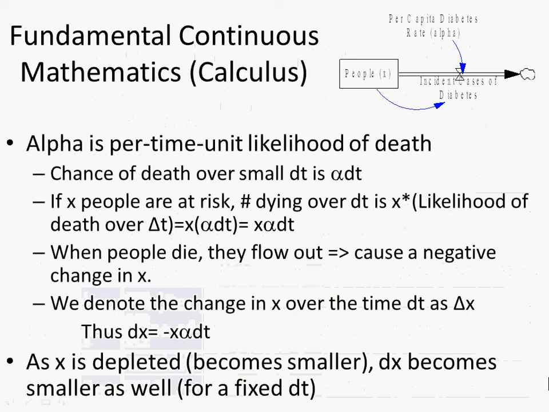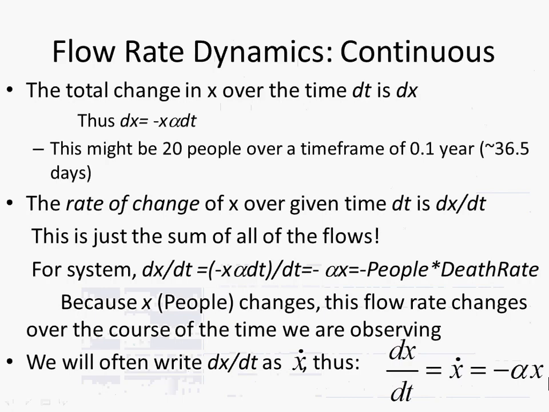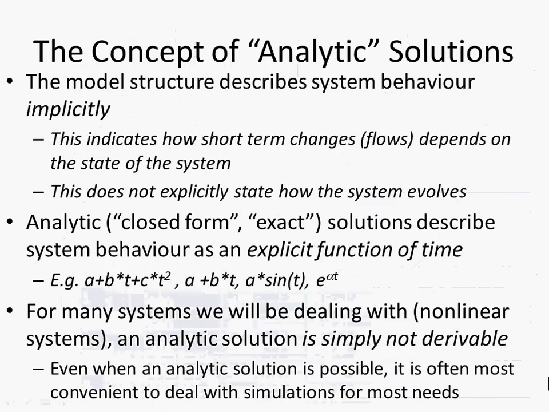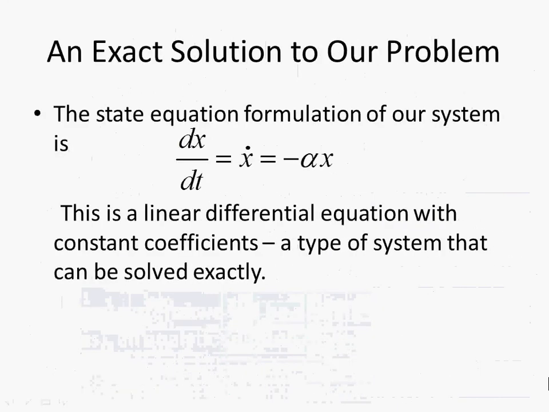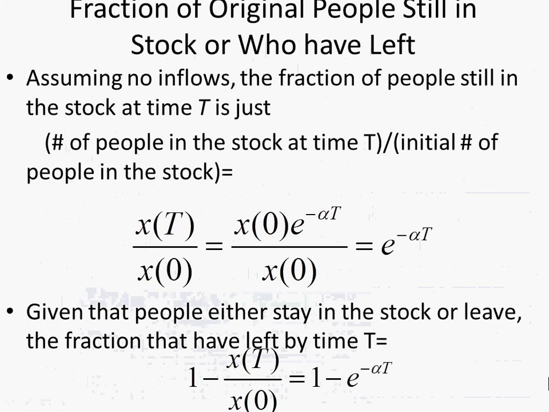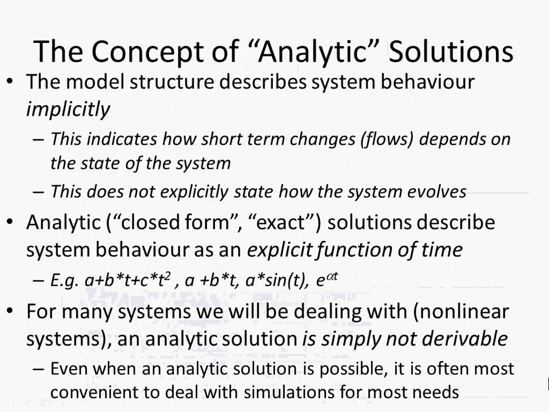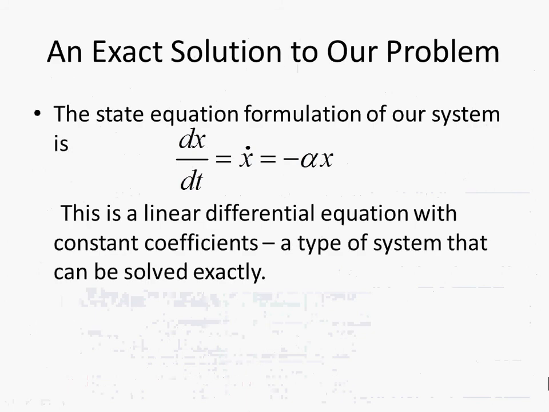So we can either express this as a situation where we have a flow out, or choice here, ladies and gentlemen. This is important. We can either express this as a situation where this flow out is the value of the stock divided by a mean time, or we can express it, same mathematically, as the value of the stock times some constant, where that constant is alpha.